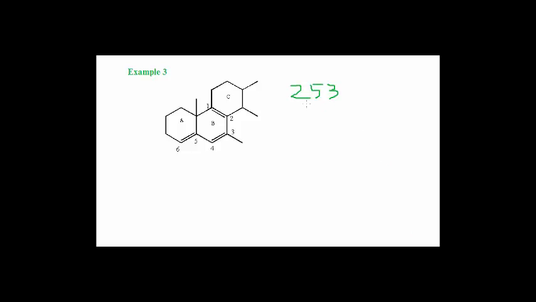Alright, 253 nanometers is our starting base value. We note that the double bond between carbons 5 and 6 is conjugated with our homoannular diene. That adds an additional 30 nanometers, so we'll add 30 to that.